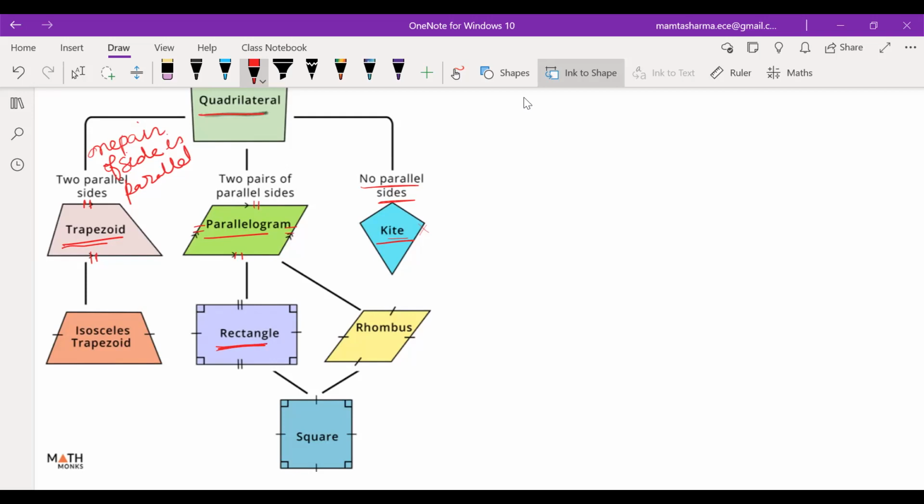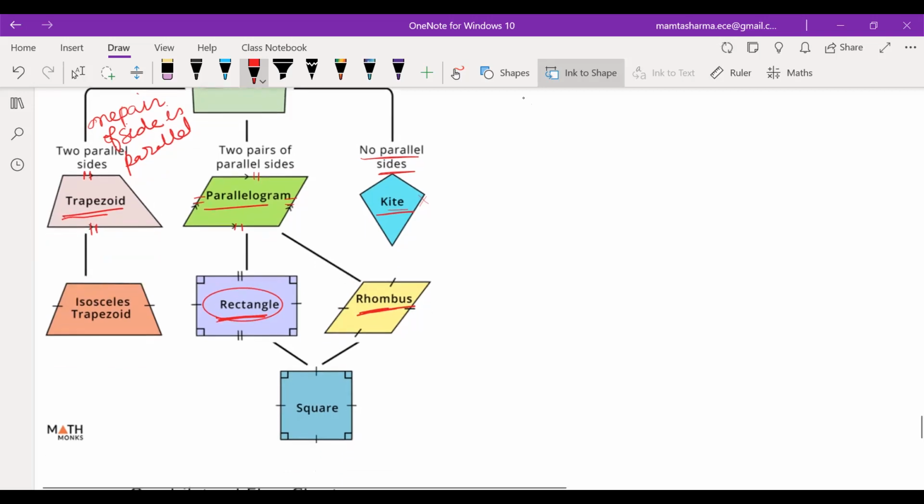If all its sides are equal, then it is a rhombus. If all angles are equal, it is a rectangle. If all sides are equal, it is a rhombus. Okay, clear?